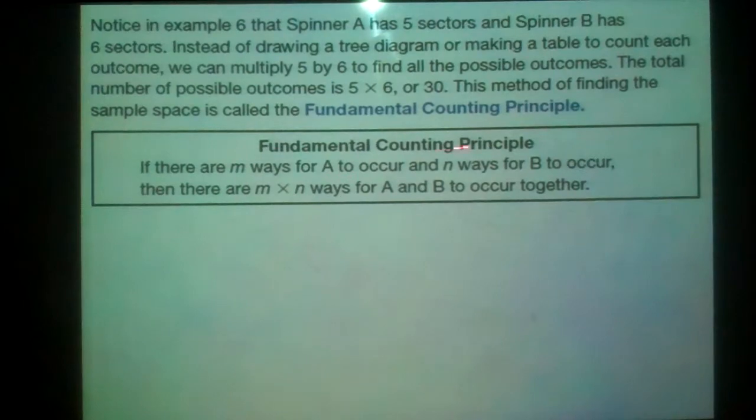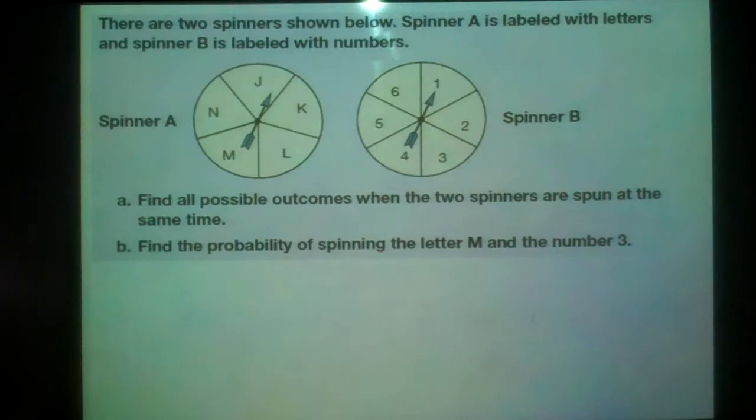So we're going to use this fundamental counting principle, is what they call it. It says if there are n ways for A to occur and n ways for B to occur, then there are n times n ways for A and B to occur together. So we should be getting 30 outcomes total. I could go ahead and draw out a tree diagram.